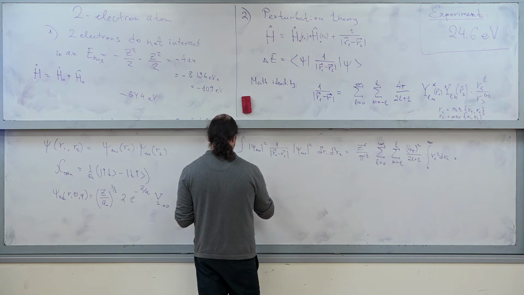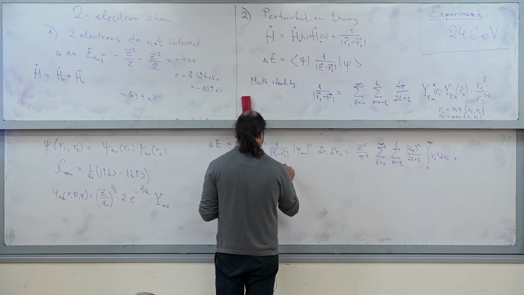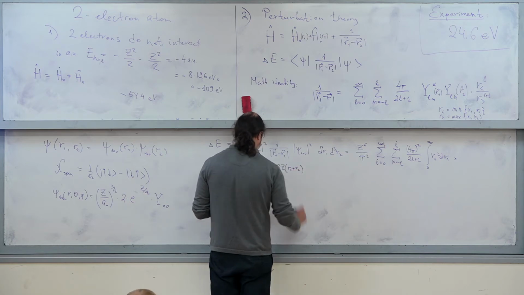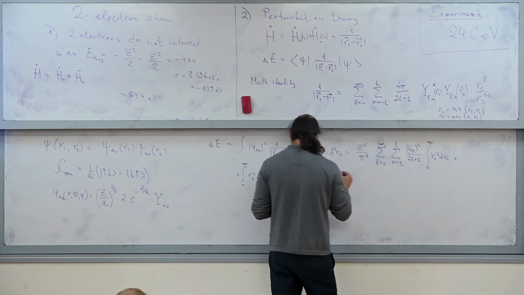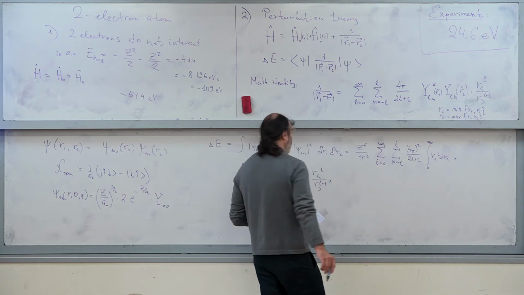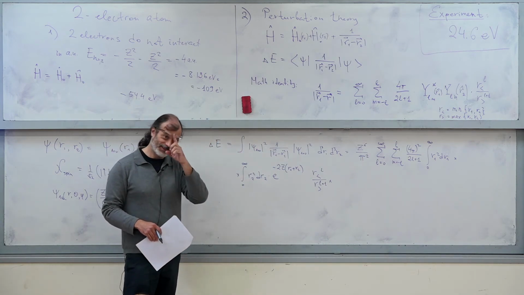So it goes R2 squared dR2 multiplied by e to the power of minus 2Z (R1 plus R2) multiplied by this part, r small to the power of L divided by r large to the power of L plus 1. This is actually the part that I wrote here. This is the radial part.